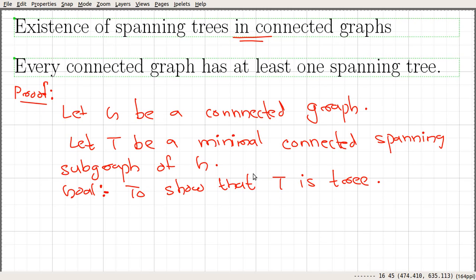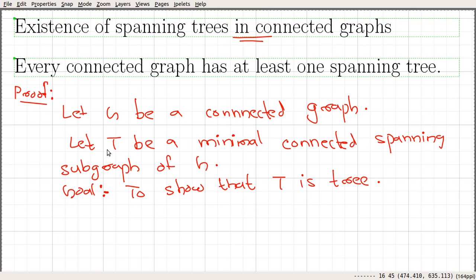You can very easily see that T is connected by definition, since we defined T to be a minimal connected spanning subgraph of G. So we only need to show that T is acyclic.